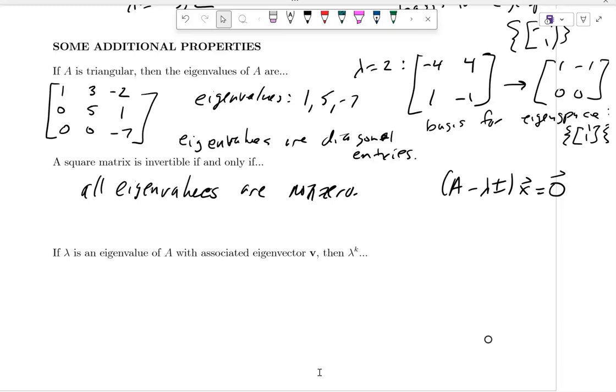Agreed? So if lambda equals 0 is an eigenvalue, I would not want A to be invertible, to have this have non-trivial solutions. So if it's invertible, then all of these would need to be non-zero. Make sure that I actually have to subtract something off to make it not invertible.